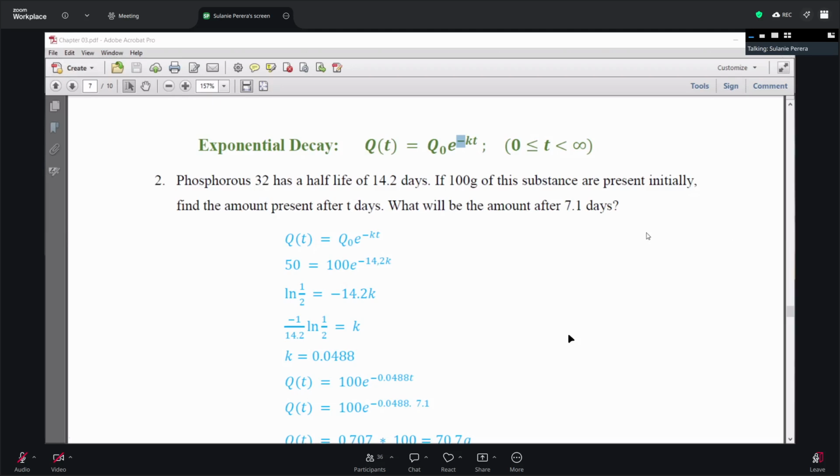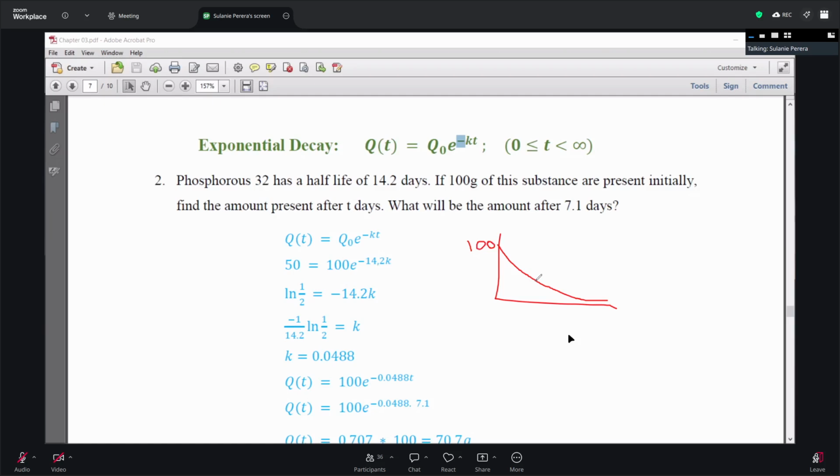What does it say now? Earlier, we spoke about increasing functions. Here, we are talking about a decreasing function, right? Initially, at t equals 0, there's 100 grams. Then it decays and decreases and decreases.